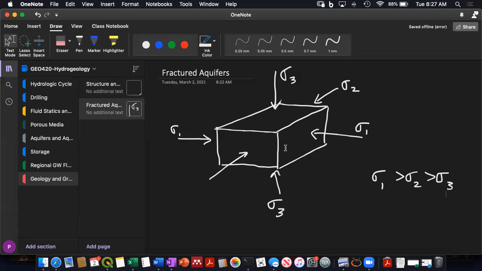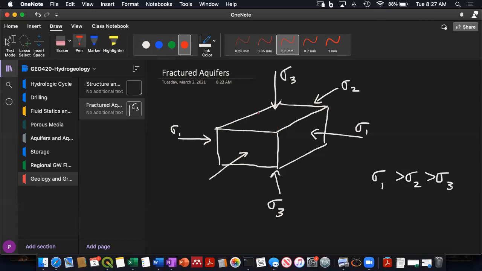As a result of the orientation of stress and the differential stress, because sigma 1 does not equal sigma 2, does not equal sigma 3, the rock is under what we call differential stress. And it will create fractures if we exceed the rock's strength.